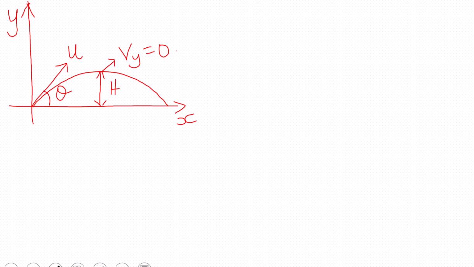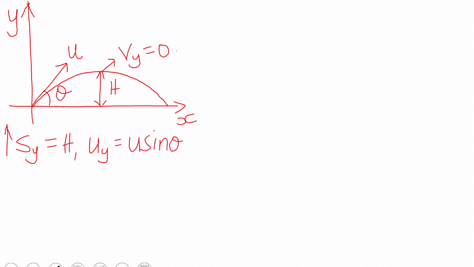I know that maximum height will be the displacement in the y. So my displacement, considering vertical motion, my displacement in the y will be h. I know that my u in the y will be u sine theta.